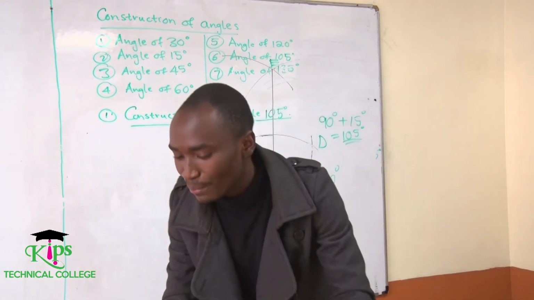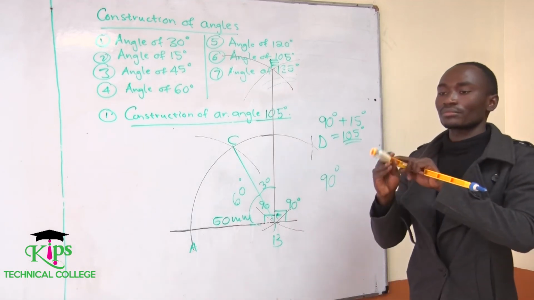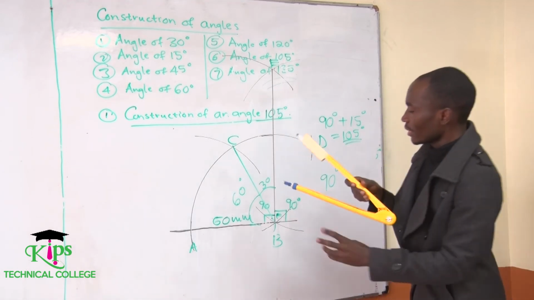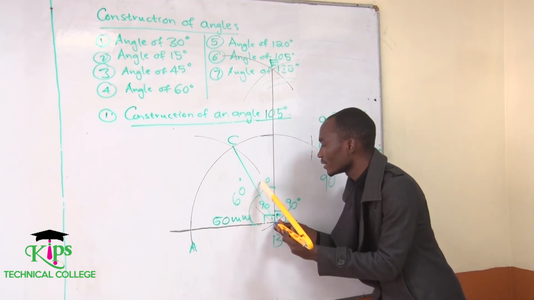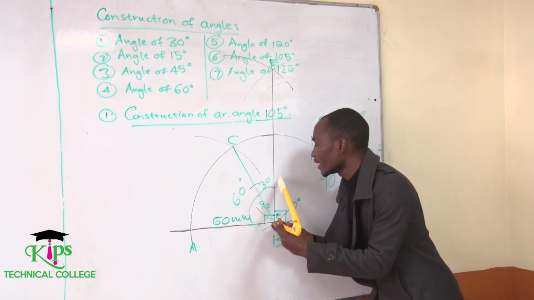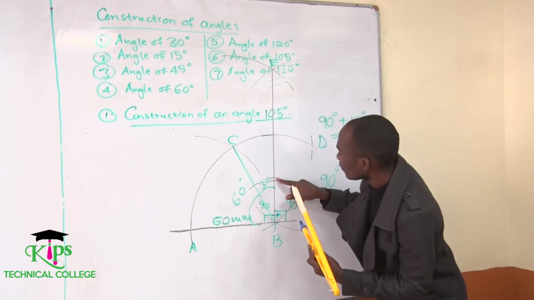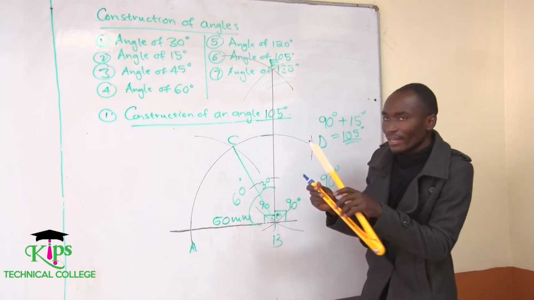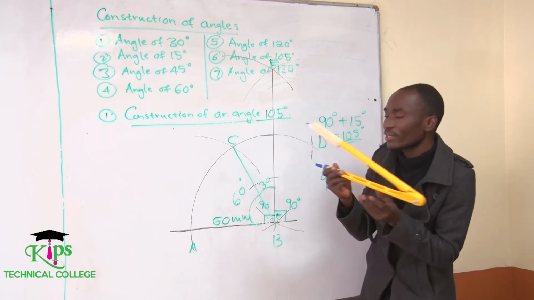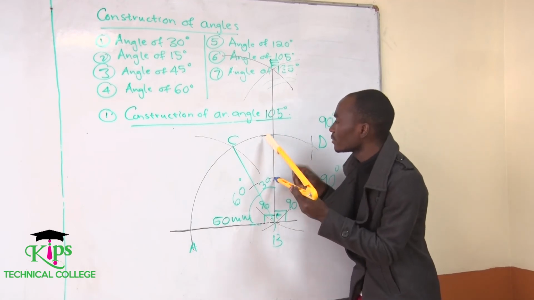So you will take up your pair of compass like this. Then you stand up at point B like this. Then make those 2 marks. Again, you take your compass again, stand at where you've made your arcs.